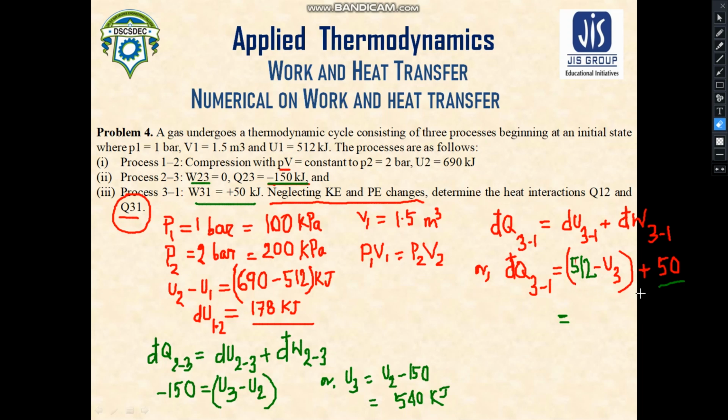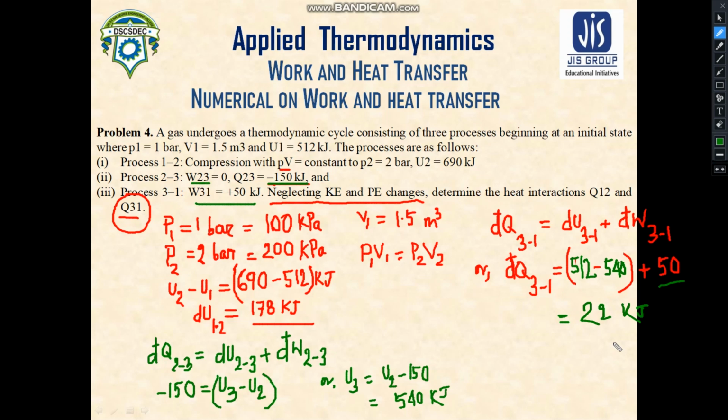Now if we put it here, it will be 540 minus 512, which is minus 28, and minus 28 plus 50 gives 22 kilojoules. So for the process 3 to 1, the heat transfer will be 22 kilojoules. It is quite easy to understand.